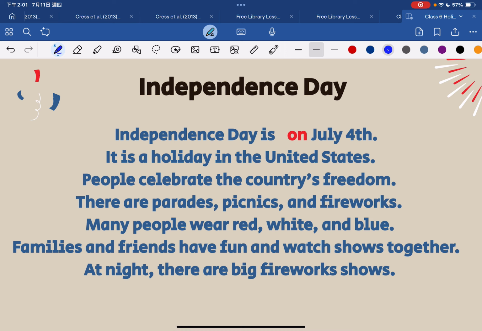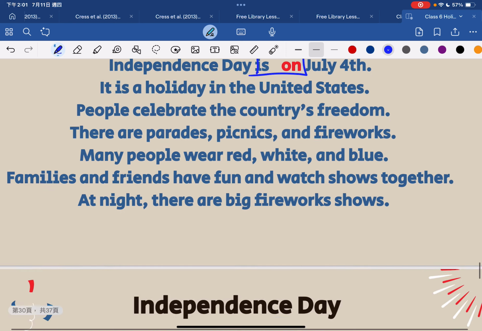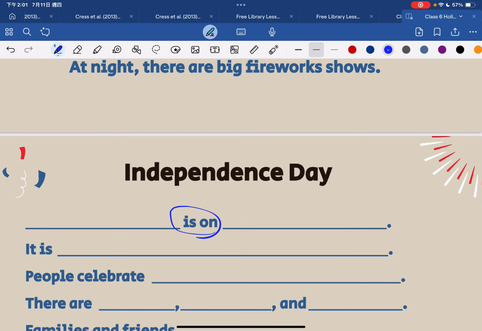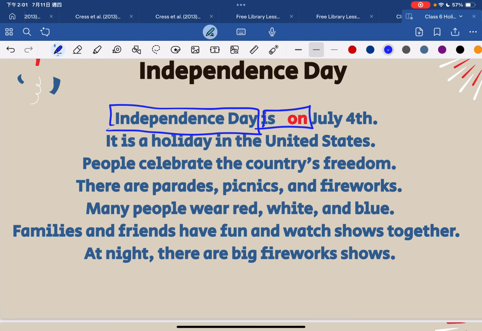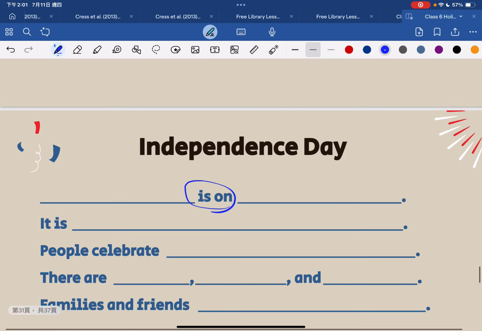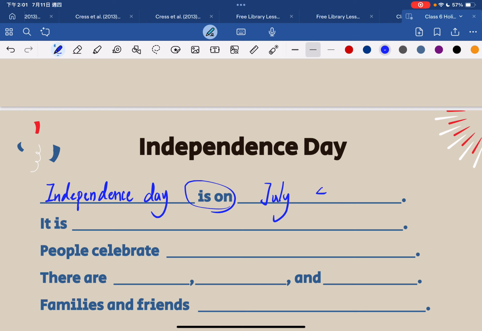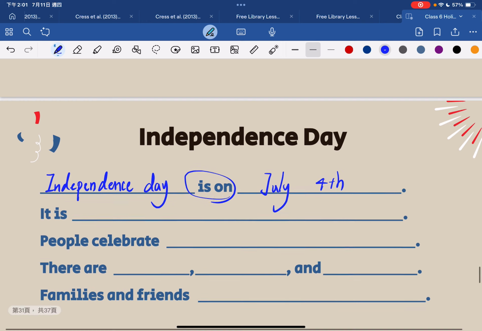So I will put Independence Day is on July 4th. Okay, so continue the same thing here.